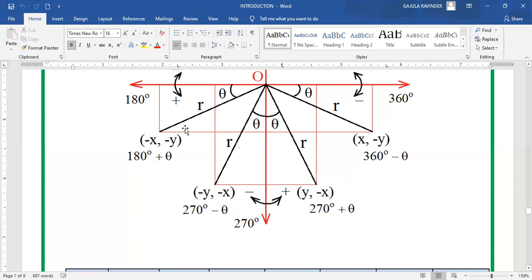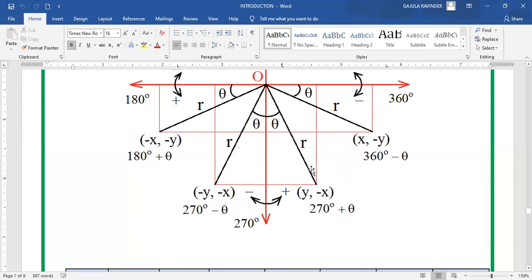So like that, you can define the ratios of all the allied angles. Not only this one, even after one complete rotation, you can go for the terminal ray in the same manner. So you can define the trigonometric ratios of any allied angle.